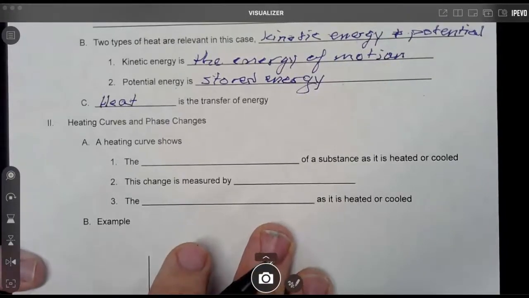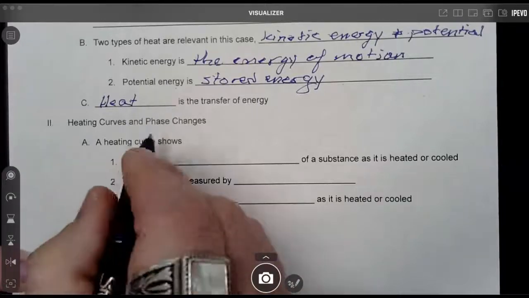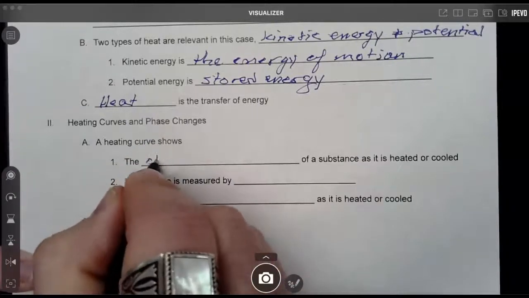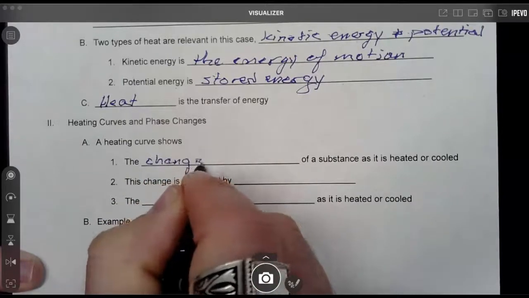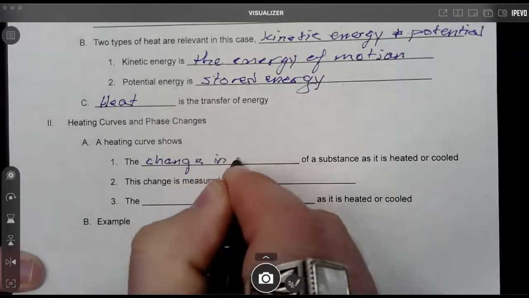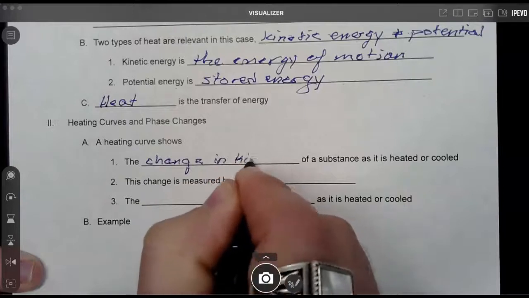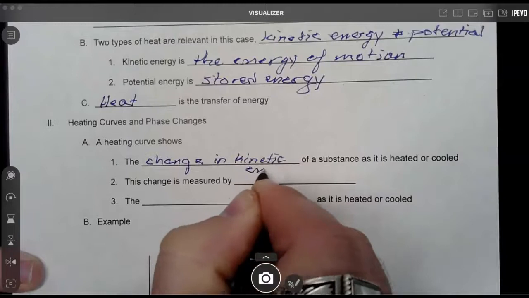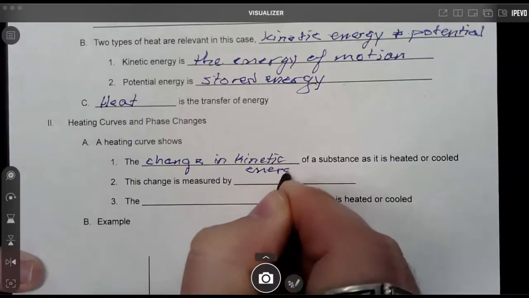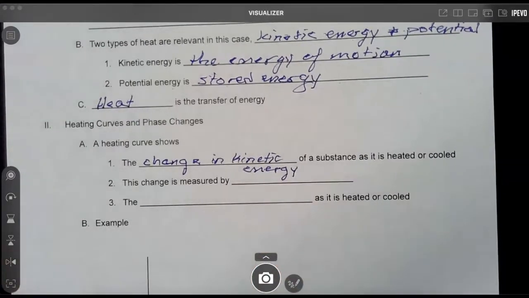Now a heating curve shows the change in kinetic energy of a substance. This involves something heating up or cooling down.